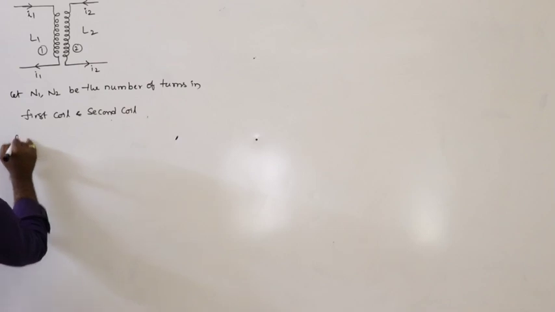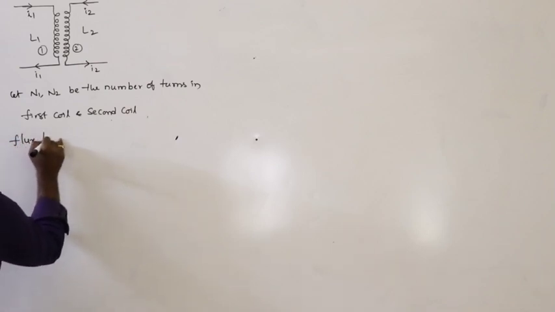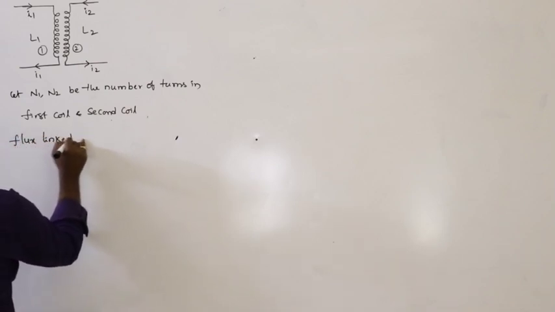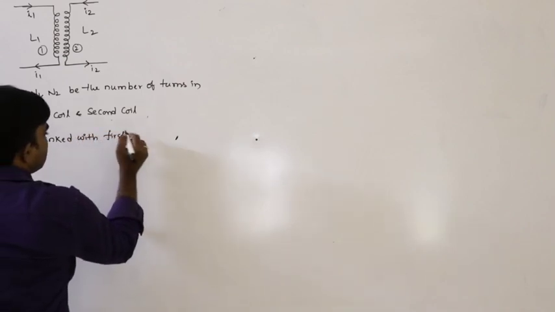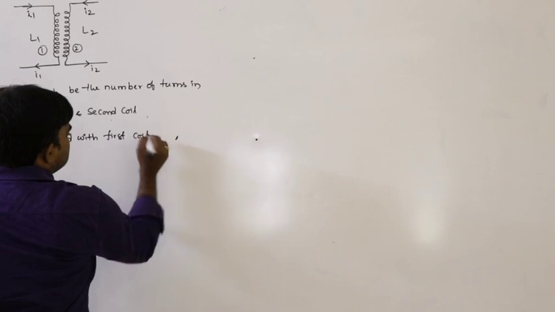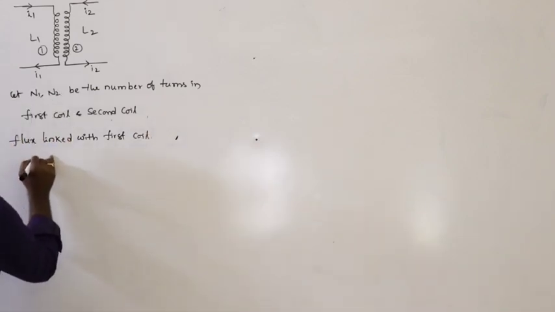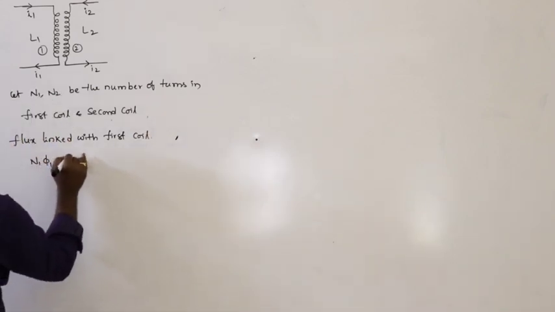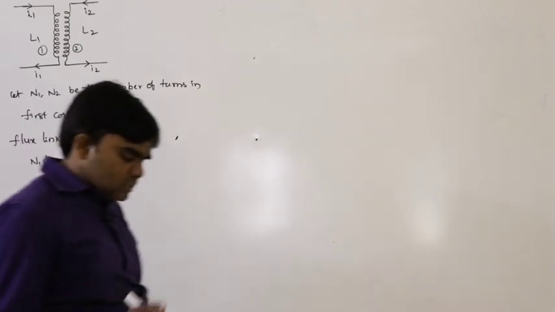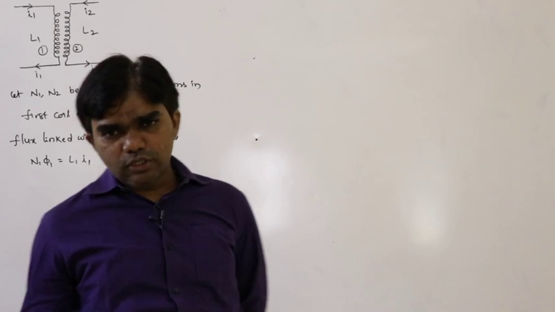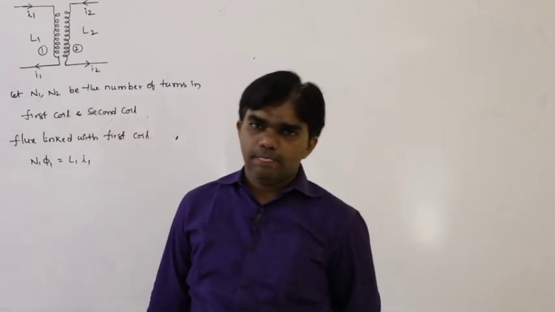So first, I am finding the flux linked with the first coil. The total flux N1 phi1 is equal to L1 I1. The total flux linked with the coil is directly proportional to the current passing through that coil.